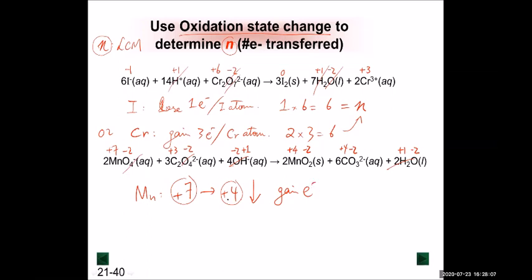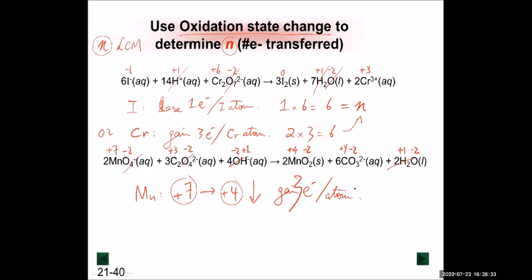Decreasing the number means adding negative charge, negative values. We add -3 to the +7, which gives +4. So it gains 3 electrons per atom.